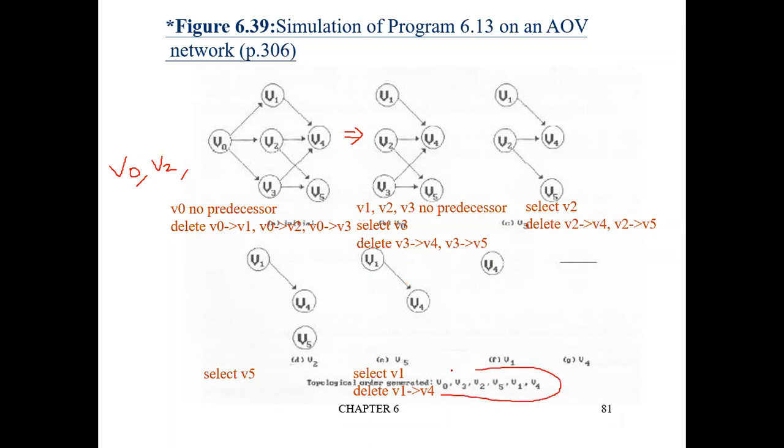The output may vary, depending on your style of implementation. Yes, Rupa, good. V2 to V4 and V2 to V5. Let us assume we are deleting these two edges, and also deleting V2. Now what will be the resultant graph? Let me draw here. V1 we have.